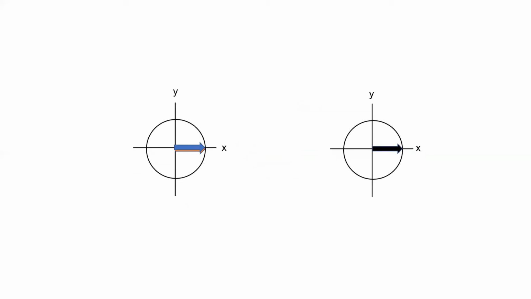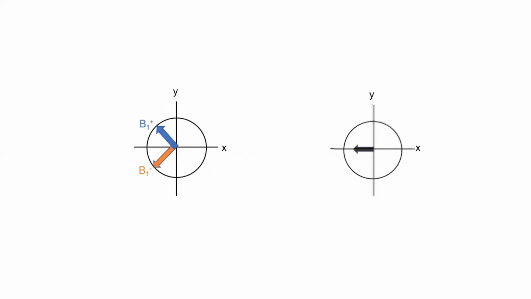As time proceeds, both counter fields rotate in opposite directions and combine together to give a smaller value of magnetization compared to before. When they are both along the y-axis, there is no contribution along the x-axis and magnetization along the x-axis will be 0. And as time proceeds, magnetization will be along the negative x-axis.